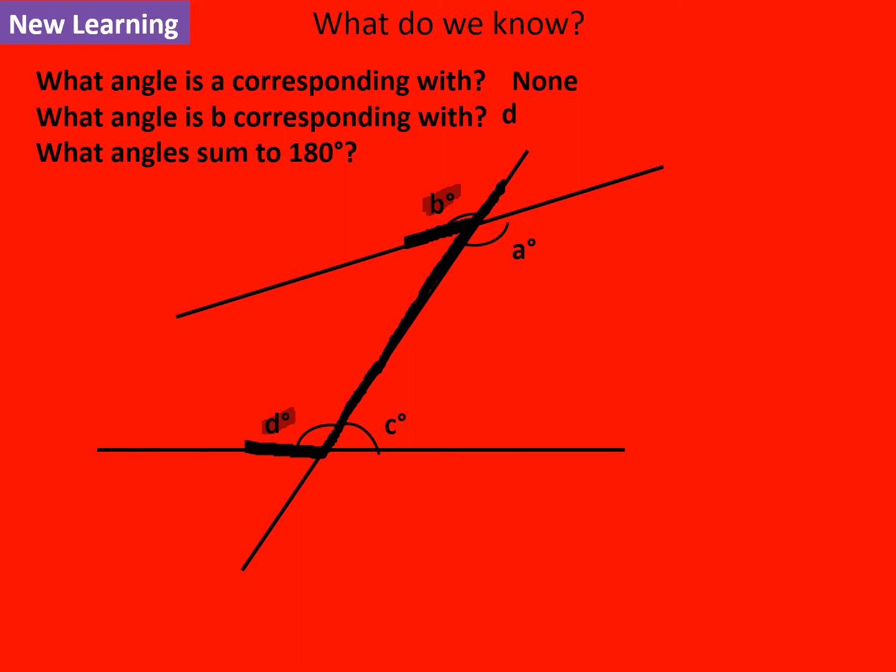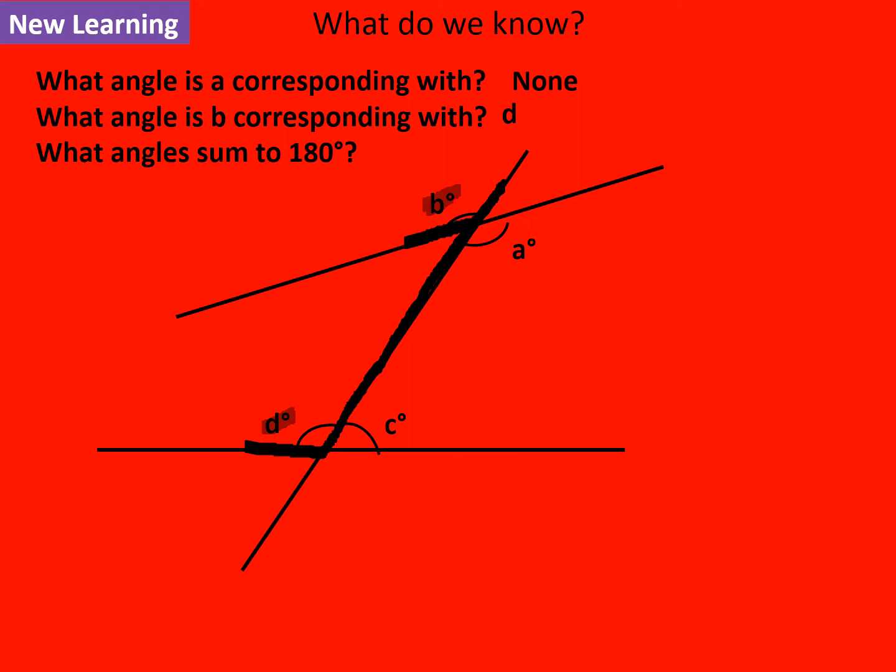What angles sum to 180 degrees? You should definitely not have put A and C. It is really commonly thought that A and C in this example would sum to 180 degrees because they're allied. Yes, they are allied, however, in this example, the two lines we are dealing with are not parallel.